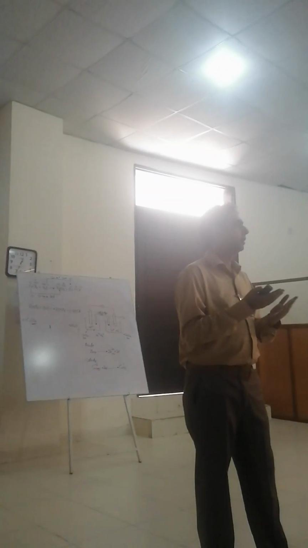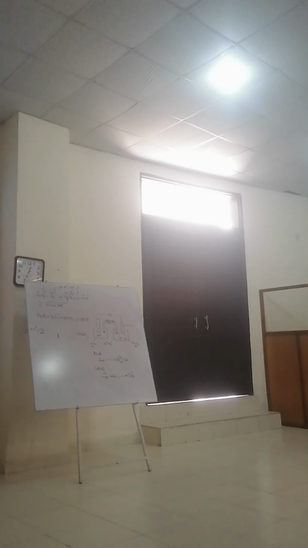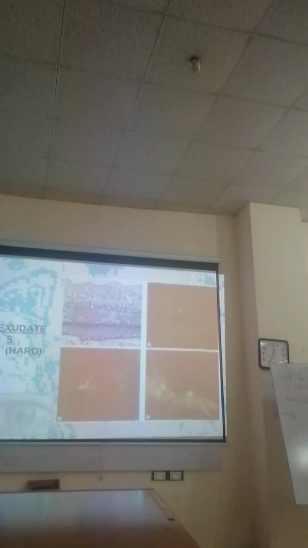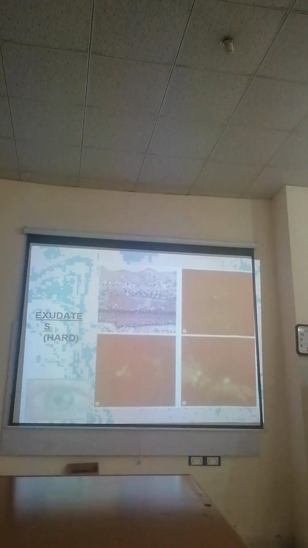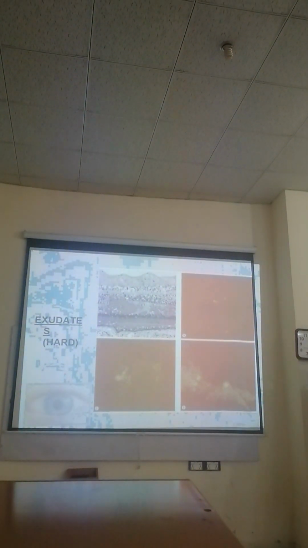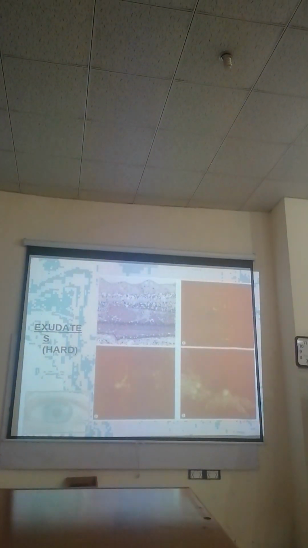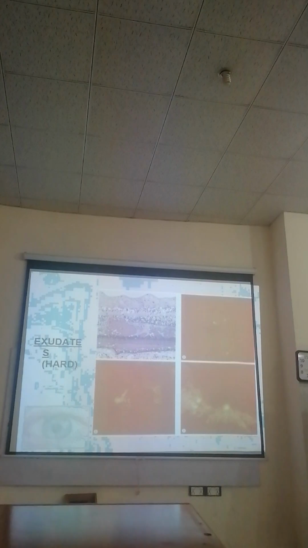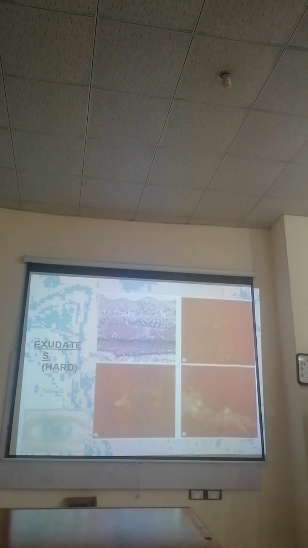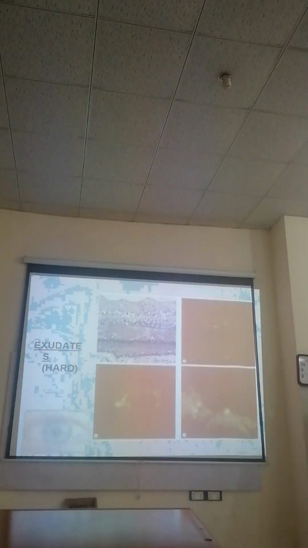The plasma constituents consist of cholesterol, lipids, proteins, and these accumulate at various places of the retina, especially in the central part. One thing is very important. Diabetic retinopathy affects the central part, central 30°, and retinal detachment affects the peripheral part. So these are the hard exudates, and soft exudates, and this is because of leakage.